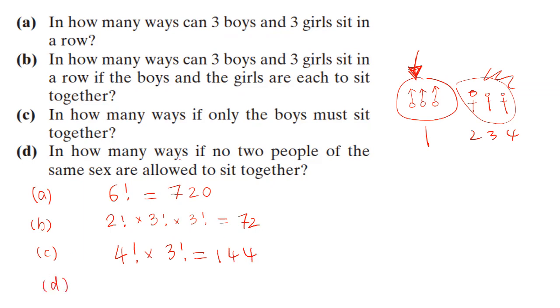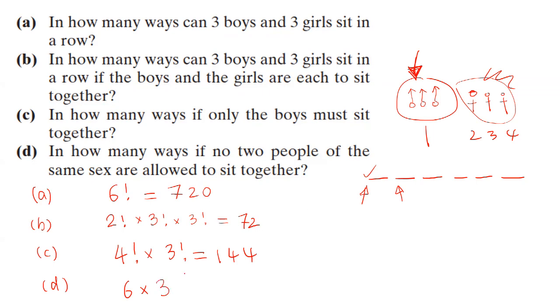Okay, last: in how many ways if no 2 people of the same sex are allowed to sit together? We have 6 persons, right? We can consider using the rule of product. To complete this task, there are 6 steps. For the first step, how many choices do we have? We can pick any one of these people, so we have 6 choices. After we have done this, how many choices do we have for the second position? Note that no people of the same sex are allowed to sit together, so for the next position, we have to choose from the opposite sex.